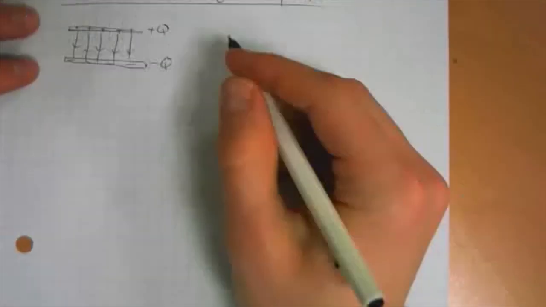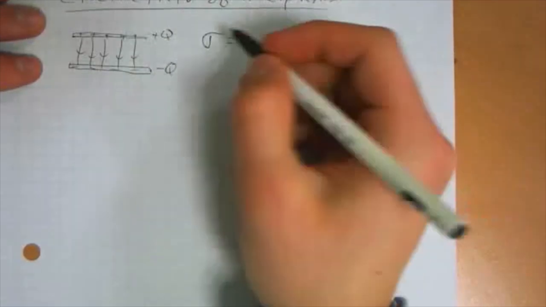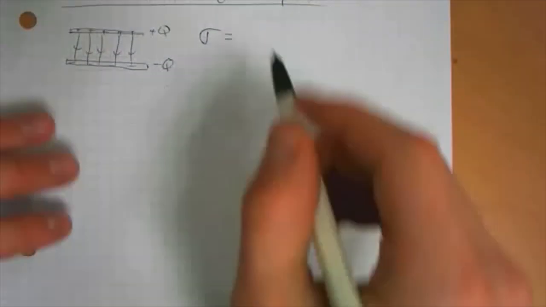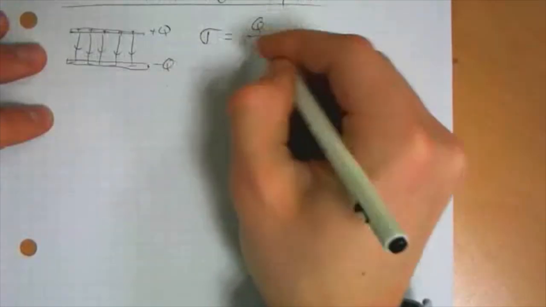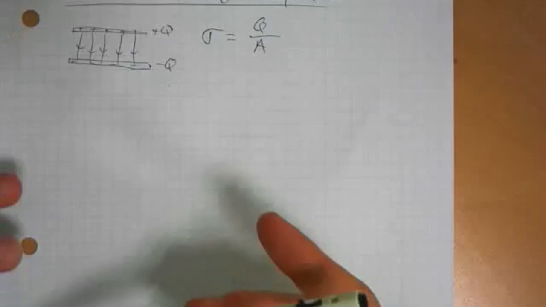Generally, they're the same size, but they have some area that the plate of the capacitor takes up, and it's useful to define a charge per unit area, and we call that sigma, which is the same variable as the Stefan-Boltzmann constant from thermo, so deal with that. It's just a charge per area, Q over A, the area of the plate, and it's going to be useful to define that as we get into doing this calculation.